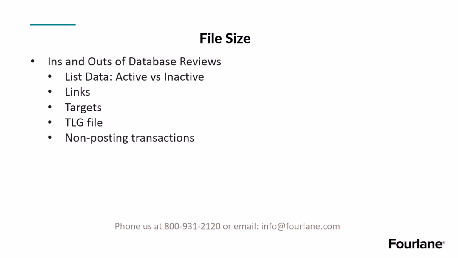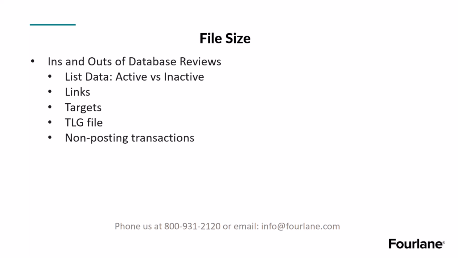It also looks at things like links. And when I say a link, that's going to be a connection between two transactions. So for example, if an invoice has a payment, there is a link between those two transactions because that payment is connected to the invoice in order to apply that payment balance.